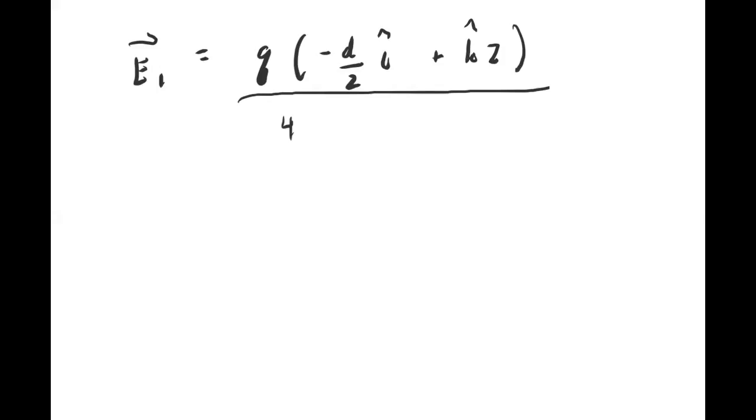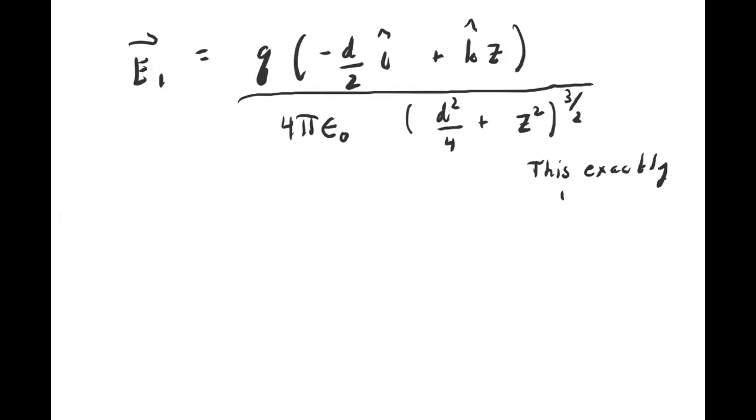And in the denominator, I have my ubiquitous factor in electrostatics, 4 pi epsilon naught, and I have the quantity d squared over 4 plus z squared to the 3/2 power. And this is exactly what we got back in lecture 5.